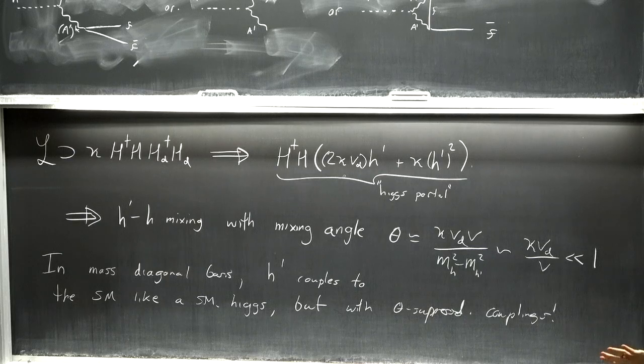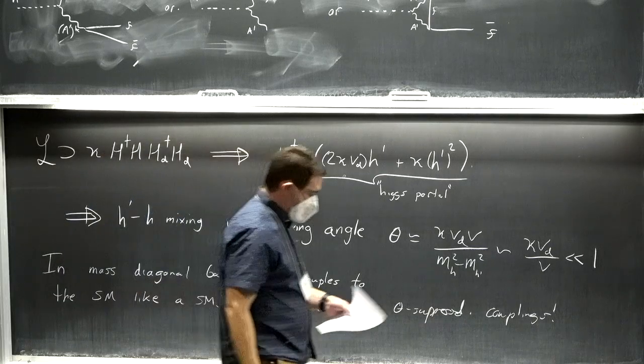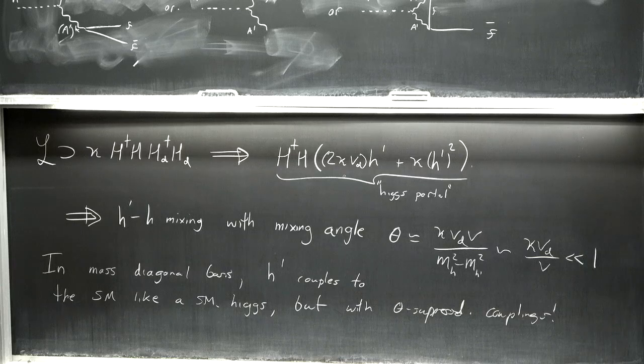But of course now this scalar is quite light, and so that can change things quite radically. So there's a range of rich phenomenology here. I'm just going to summarize some of the salient features of that.